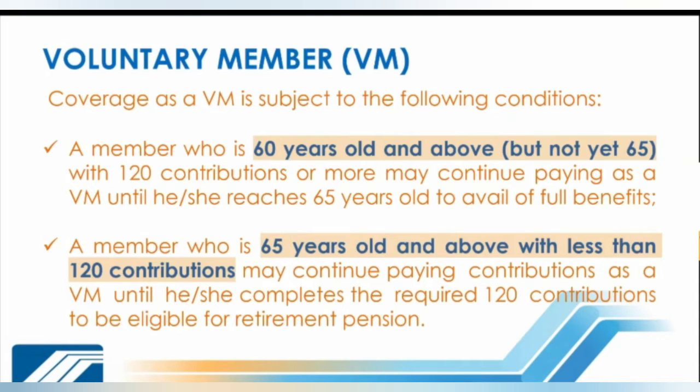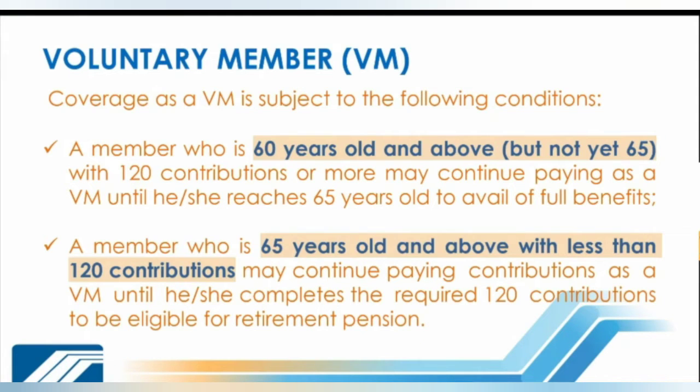And second, a member who is 65 years old and above with less than 120 contributions may still continue paying their contributions as a voluntary member until he or she completes the required 120 contributions to be eligible for retirement pension.